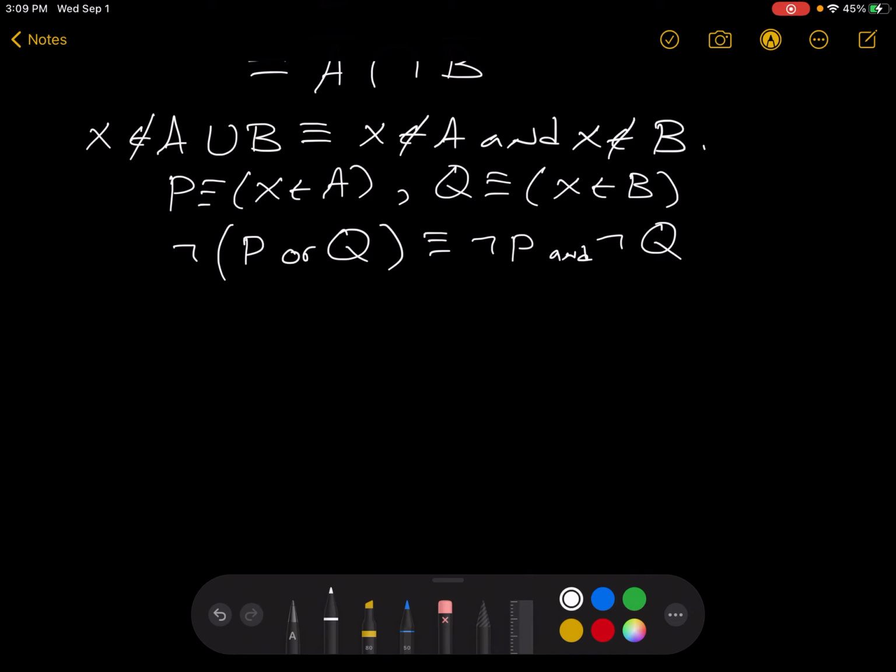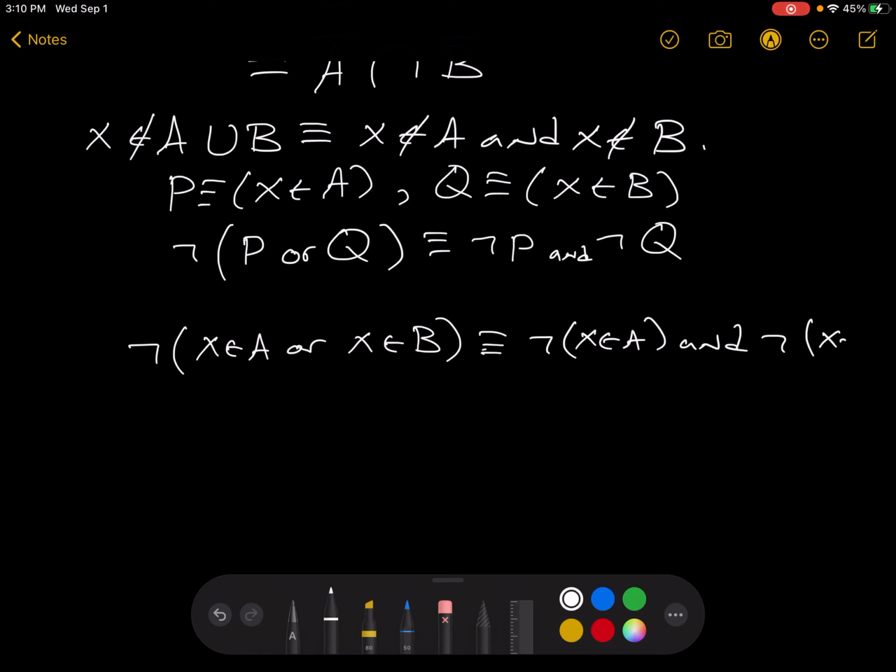So if P is the statement X is in A, then this thing on the left here is really saying not X in A or X in B. And the thing on the right, this is saying it's not the case that X is in A, so that's the same as saying this is not X in A and not X in B. All right, and so that's really how this is going to work for us.